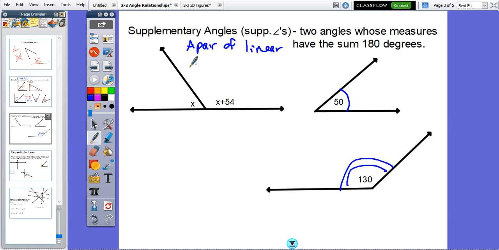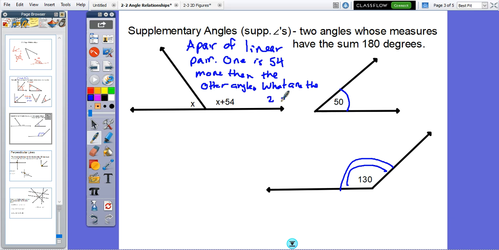One angle is 54 more than the other angle. Excuse the bell. The question is, what are the two angles? So you're trying to find the value of the two angles.